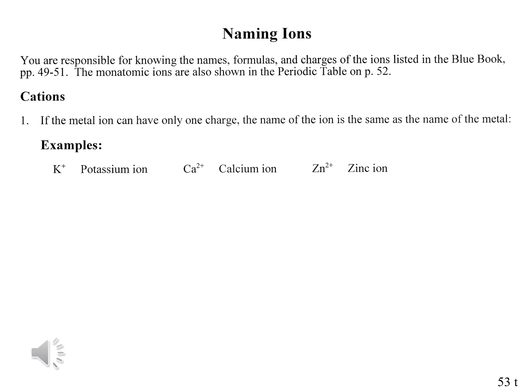I want to talk about how to name these ions, and we're going to do the positive ones first. The thing about this is that on the first exam, I'm going to have 20% of the questions, which is 10 out of 50, are going to be naming.